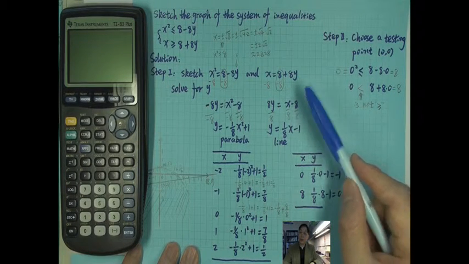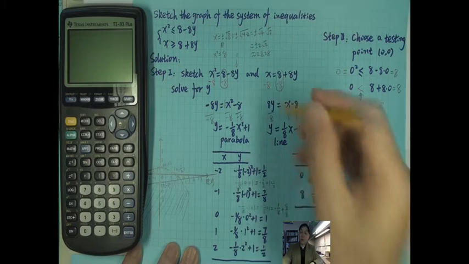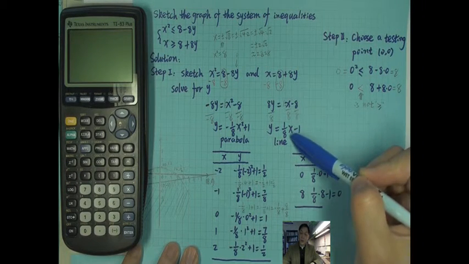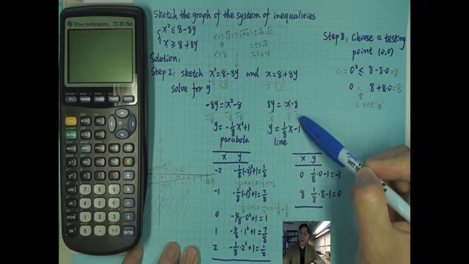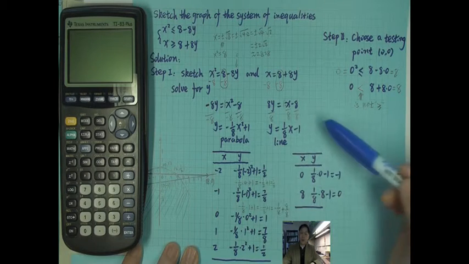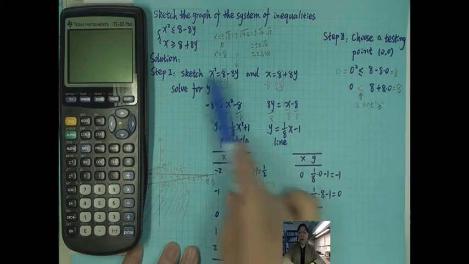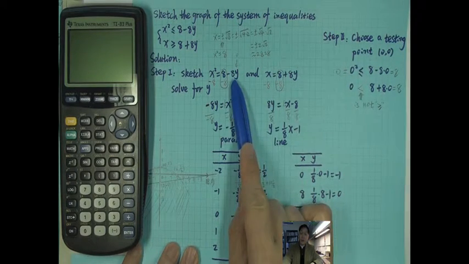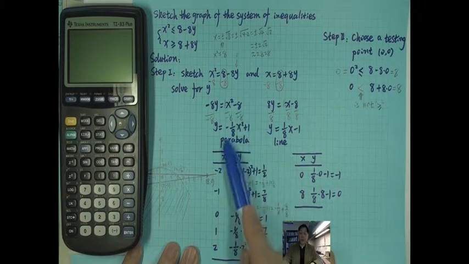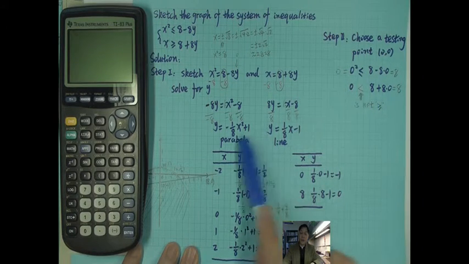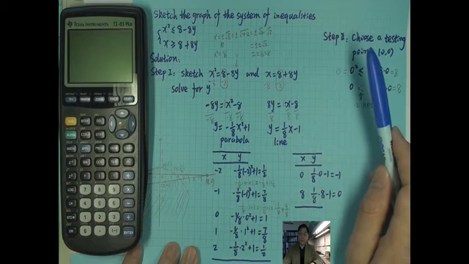On the right, again, there is a 1 in front of x, so that's why we got 1/8 times x. And here negative 8 divided by 8 is negative 1. So we know this is a line, and this is a parabola. Again, step 1 is always to sketch the equation. If it doesn't look familiar, change the form to see if we have done this before. So you can see this is a parabola, this is a line.